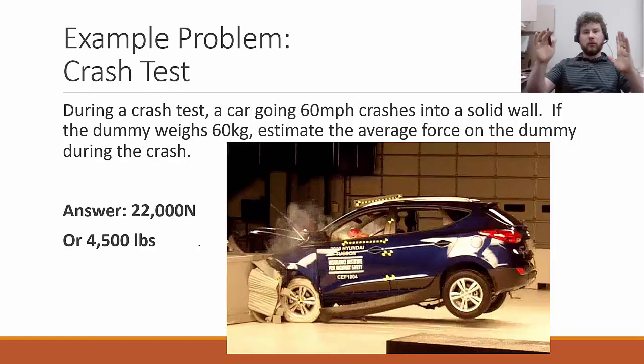And instead of moving forward while the car comes to a stop, being pushed over the distance of, say, a meter, which takes a longer amount of time, your average force will be related to how long it takes for you to stop. If the front of the car is not crumpling while you're coming to a stop, the only time it takes is the time for your body to crumple.